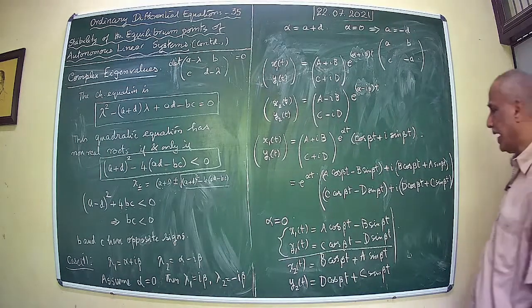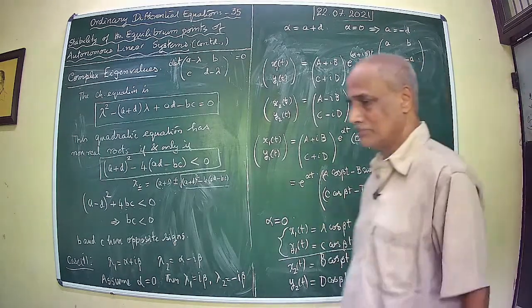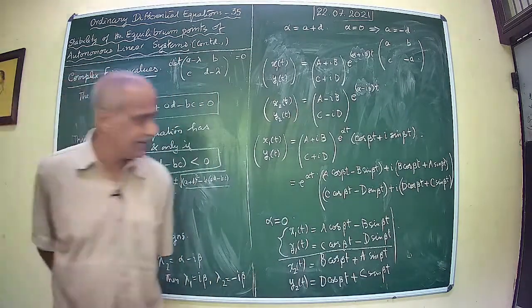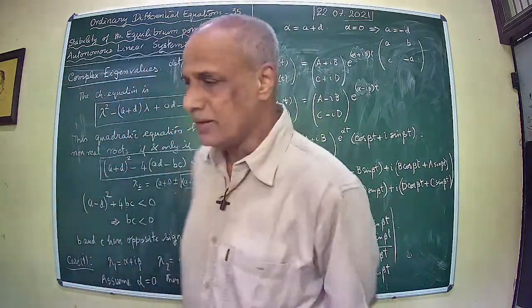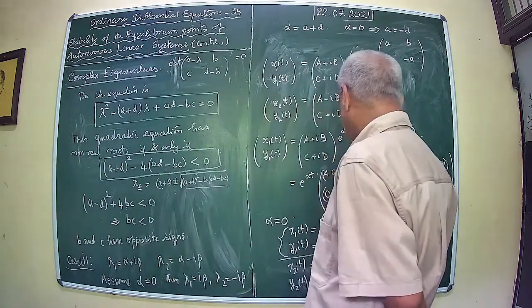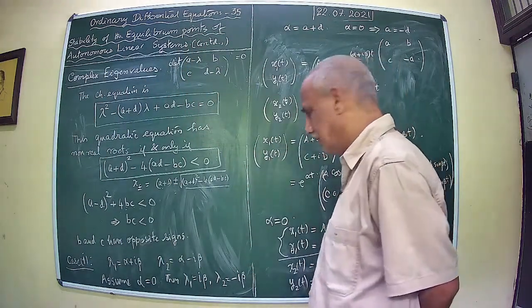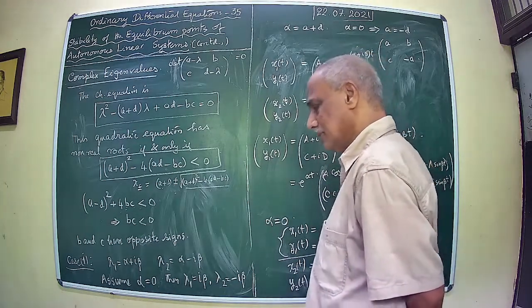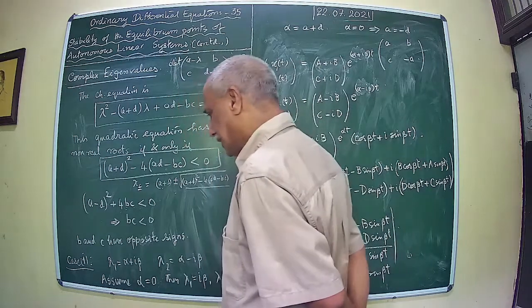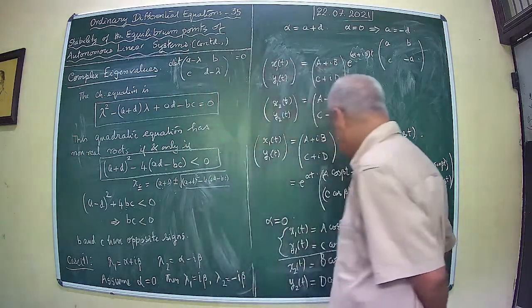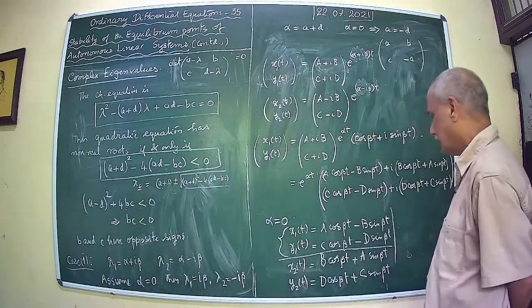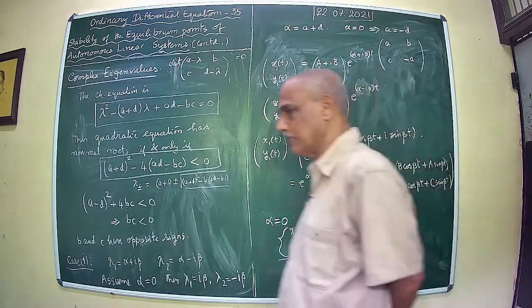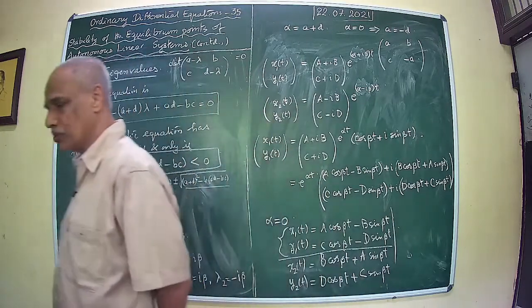Eliminate t between them. You will be solving for cos beta t and sin beta t from these two equations, and then what one does is just use the trigonometric identity cos square beta t plus sin square beta t equal to 1.